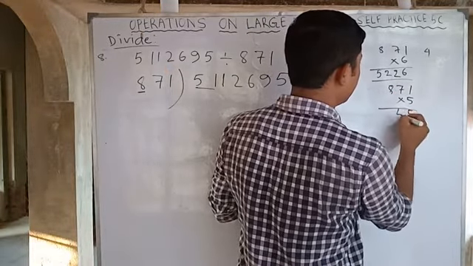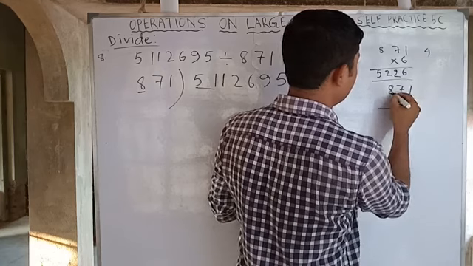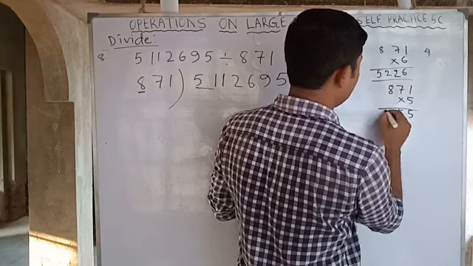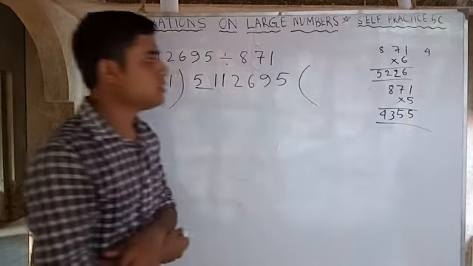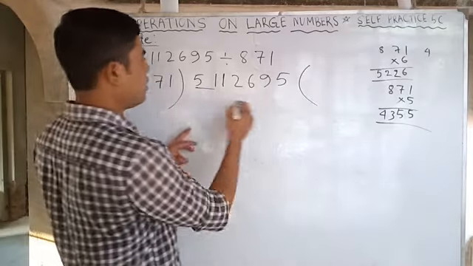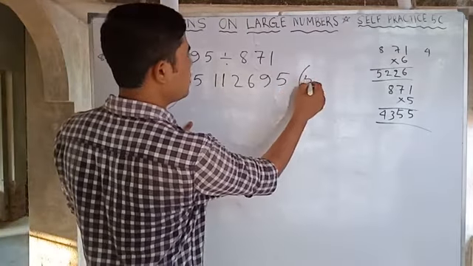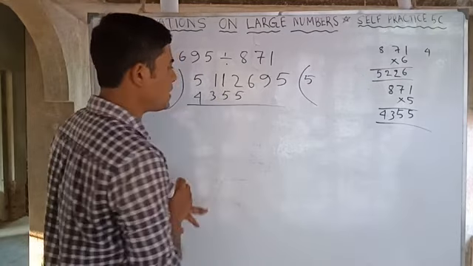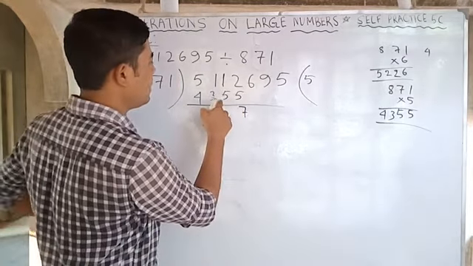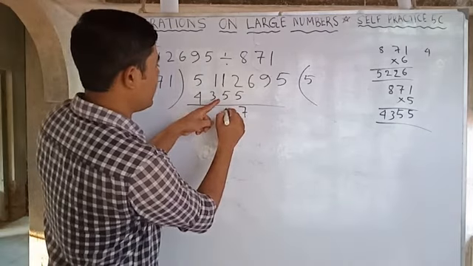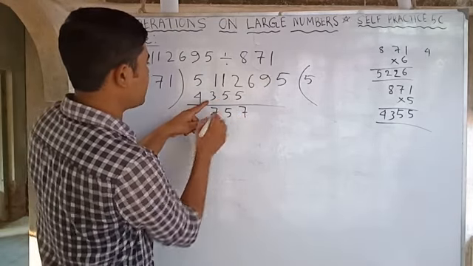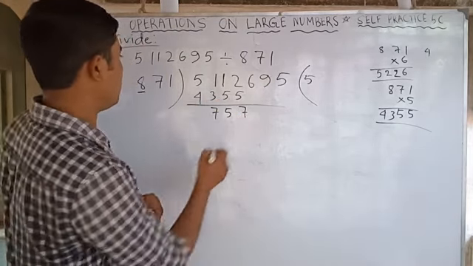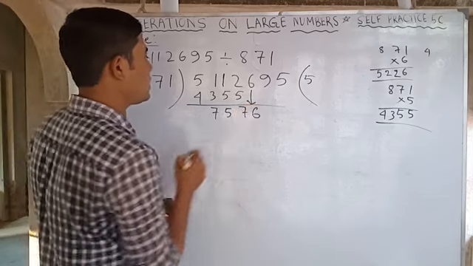So 5, 35, 5 carry 3, 40, 43. Okay, now for 5 it will go 4, 3, 5, 5. Subtract. So 7, it is 6, it means 5 is 4, that means 7 is 0. Now what we'll do, take down 6.